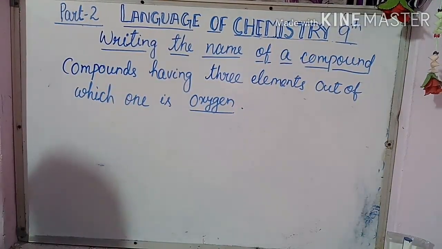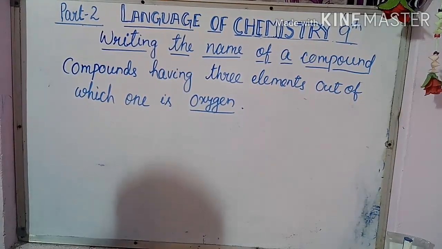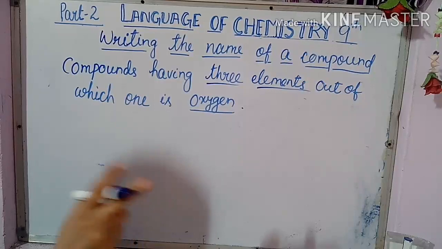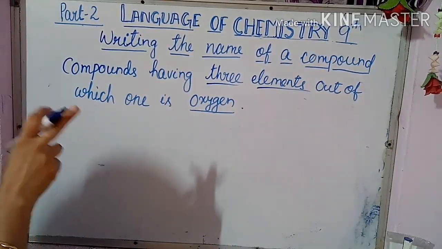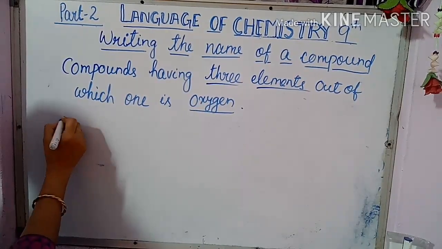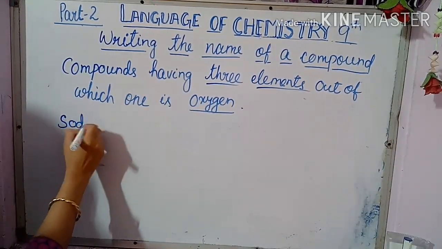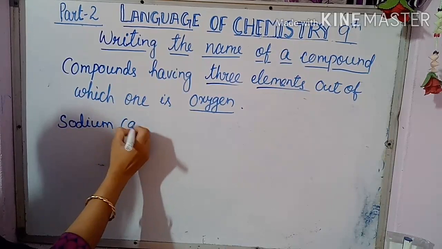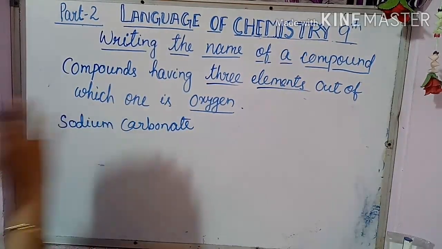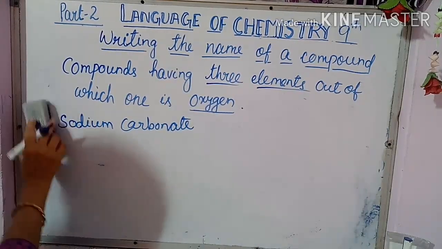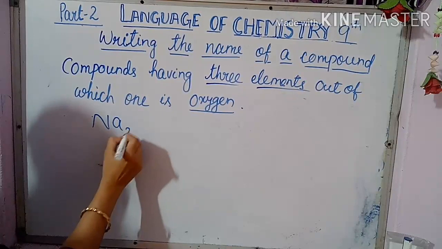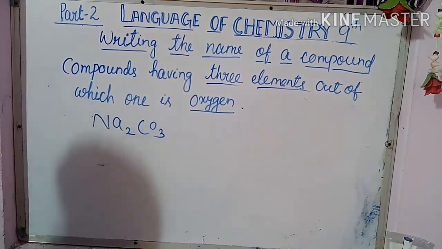Now children, the next one is compounds having 3 elements. In such a compound there must be 3 elements, out of which 1 is oxygen. Suppose I tell you sodium carbonate. The name was not given, so I am erasing it and I will give you the formula Na2CO3.